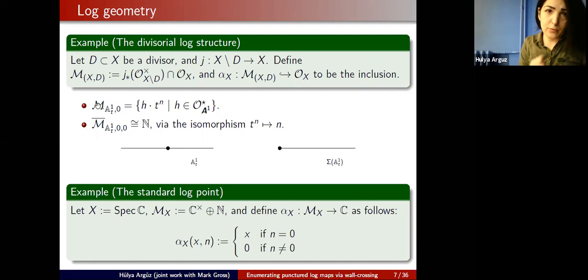There's a canonical way to pull back. If you take the naive pullback, the log structure doesn't immediately satisfy the condition that it needs to restrict to an isomorphism on invertible elements, but you take some fibered coproduct, quotienting out to make everything nice, and this standard log point is just a pullback of the above log structure to 0.